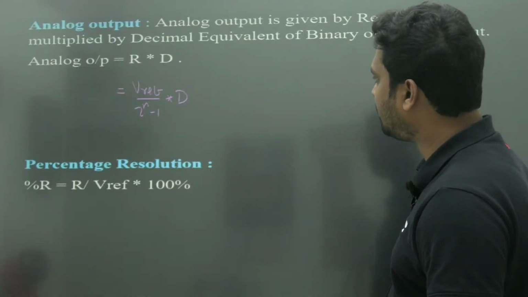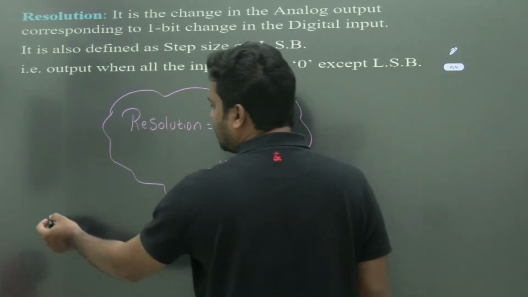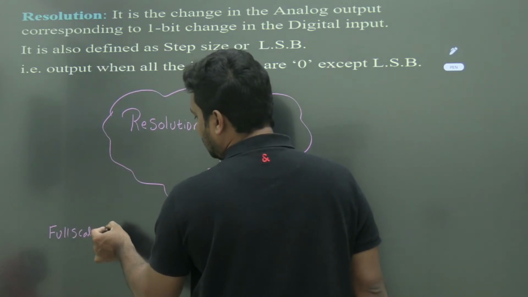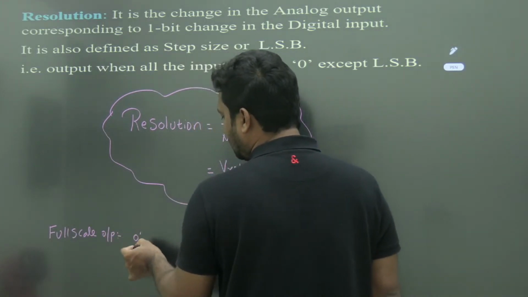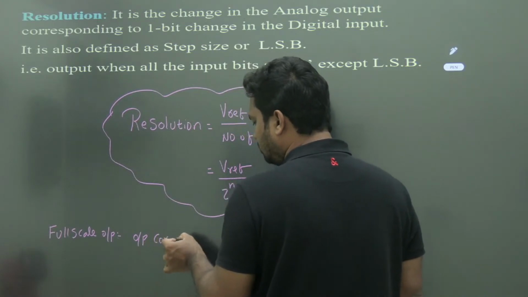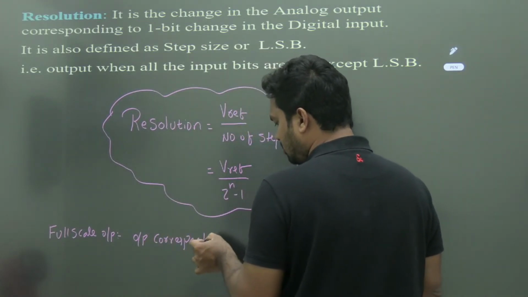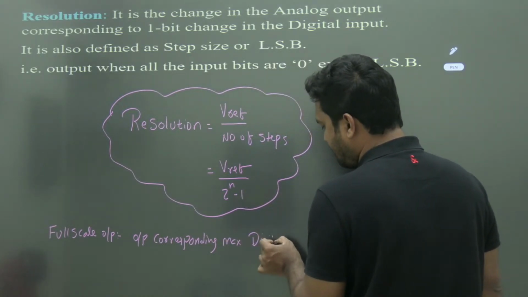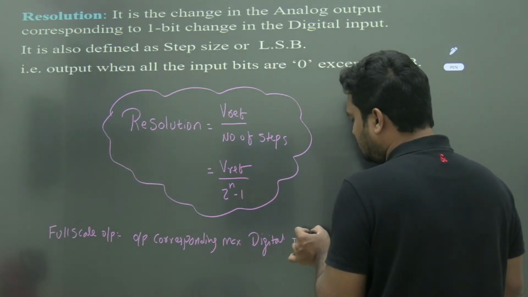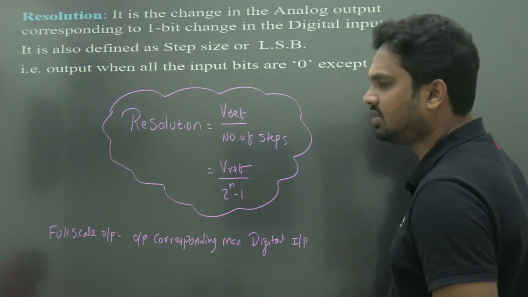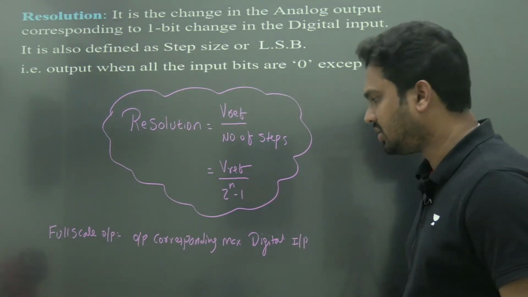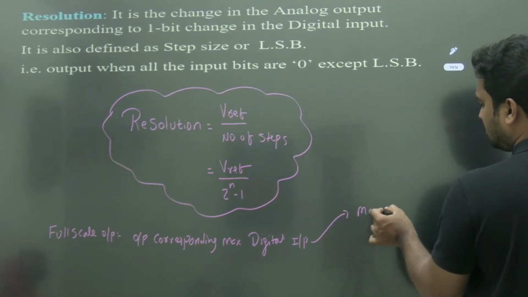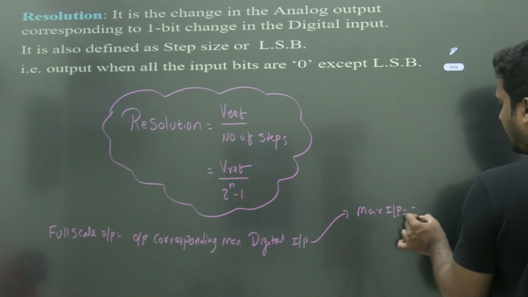So let's move to the next one. There is another formula called full scale output. Full scale output is given by the output corresponding to maximum digital input. We should learn specifications compulsorily, because to select any ADC or DAC, we should know its specifications. If you take here, the maximum input is 2 power n minus 1.